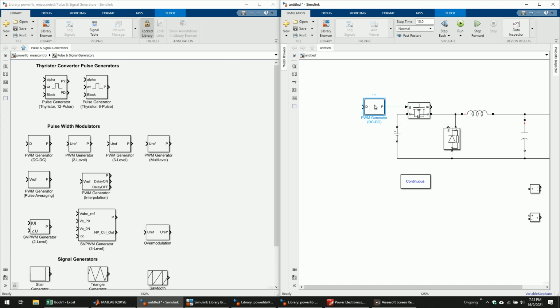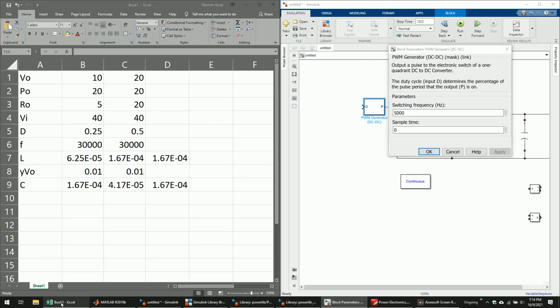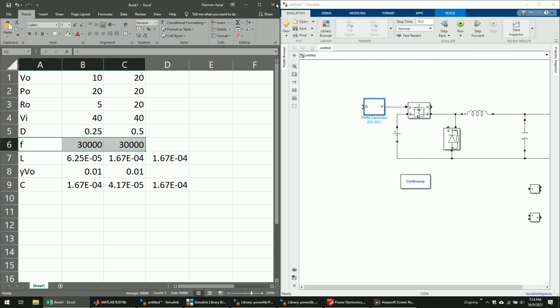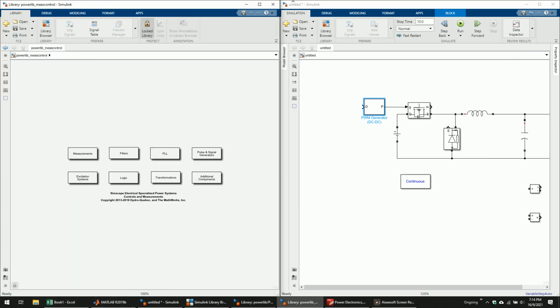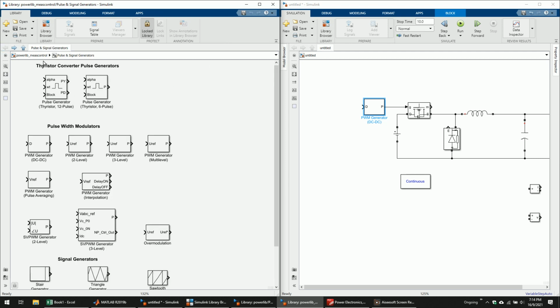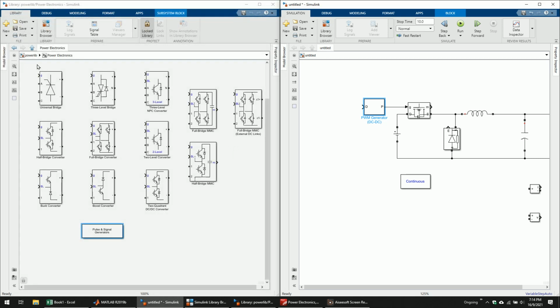Then you double click here. Make sure the switching frequency follows your design. This one is 30. And then of course the duty cycle here. For the duty cycle you cannot use the power library.